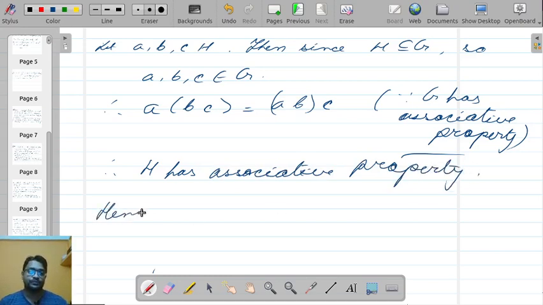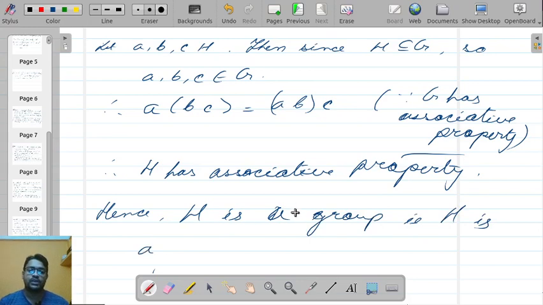Hence H is itself a group, that is, H is a subgroup of G. So this is what we have proved.